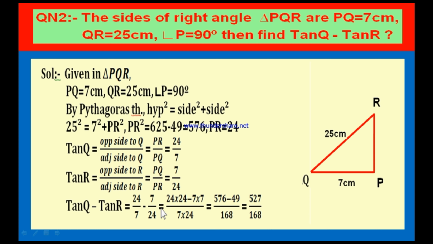Then 24 into 24 is 24 square, minus 7 into 7 is 7 square. 24 times 24 is 576. 7 times 7 is 49. If you subtract 49 from 576, you will get 527 divided by 168. Therefore, the value of tan Q minus tan R is equal to 527 by 168. This is question number 2.